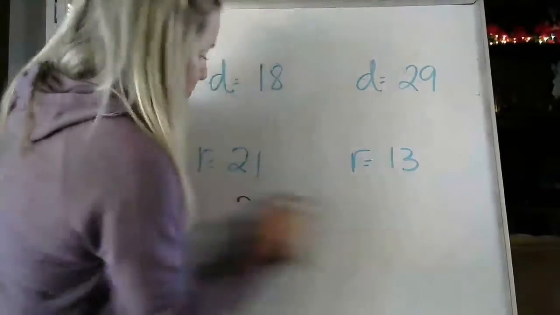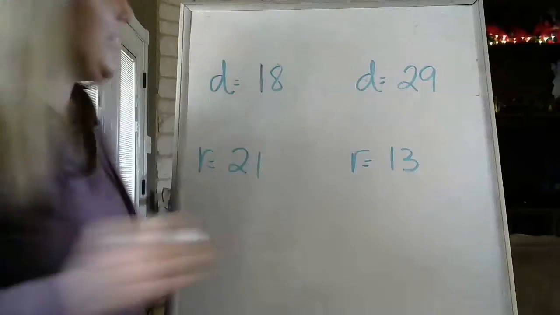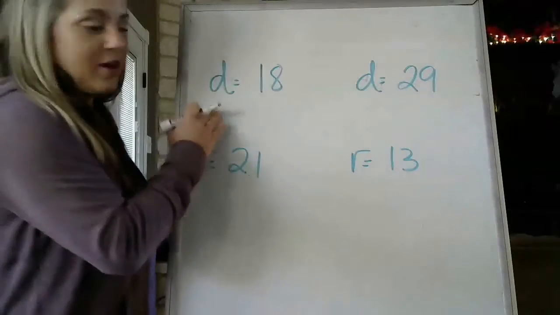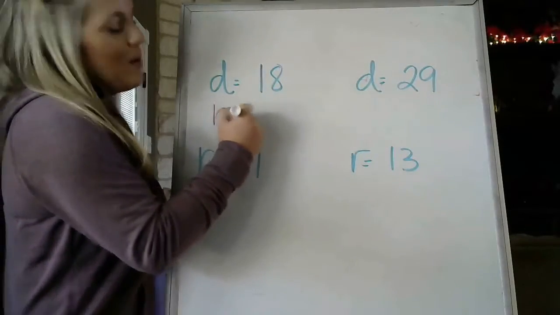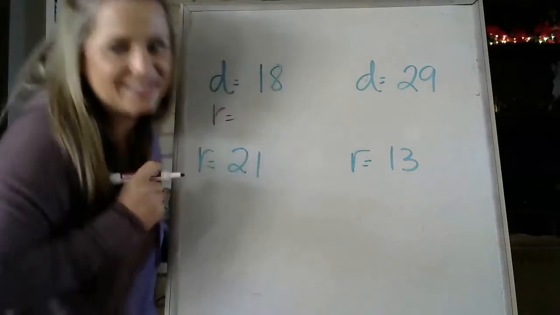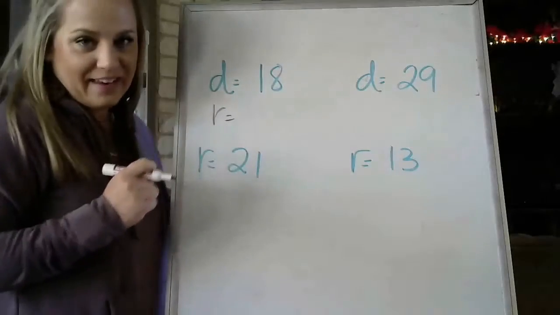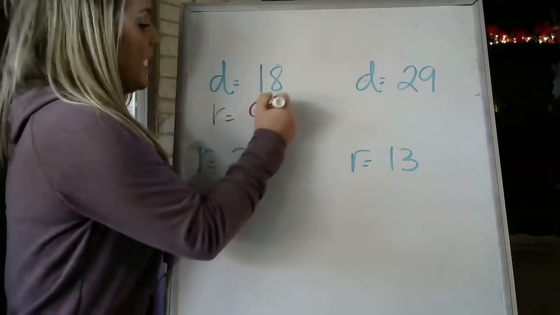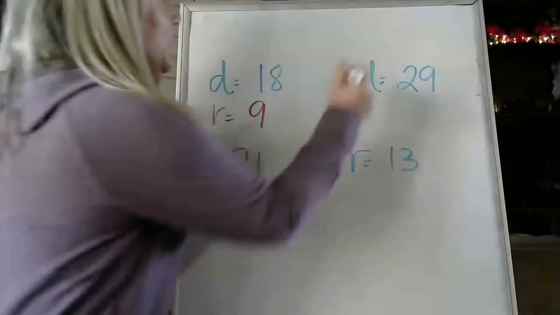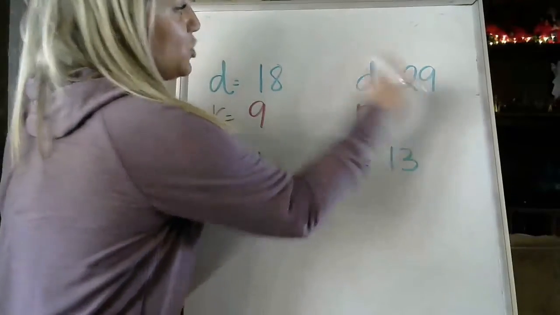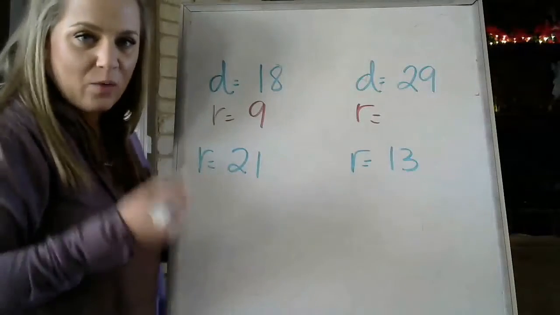All right, so they gave us the diameter. Now we've got to find the Randy. Oh, I'm sorry, the radius. What is half of 18? 9. Okay, good. Now, they gave us 29 as the diameter. What's half of 29?